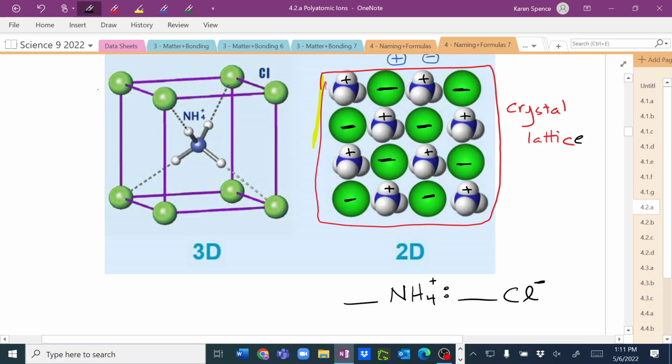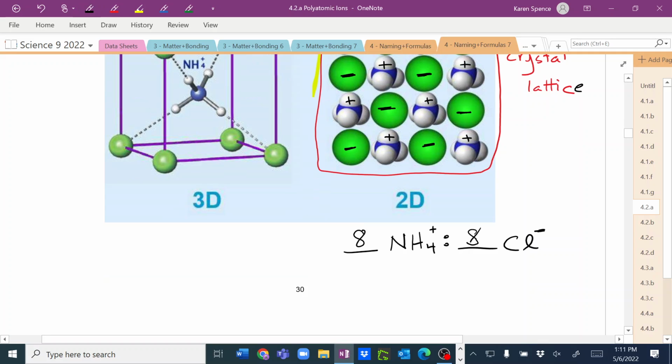We're going to count them anyway. 1, 2, 3, 4, 5, 6, 7, 8 ammonium. How many chlorides do we have? The green ones. 1, 2, 3, 4, 5, 6, 7, 8 chlorides. So if we simplify that ratio, because in ionic compounds we always have our simplest ratio, that's 1 NH4 for every 1 Cl minus.